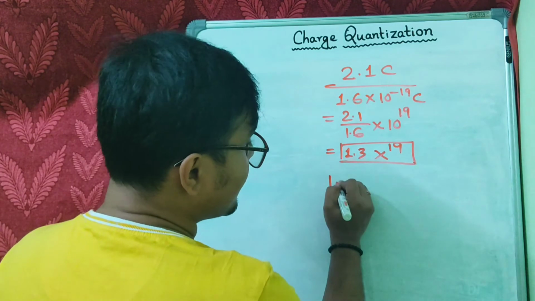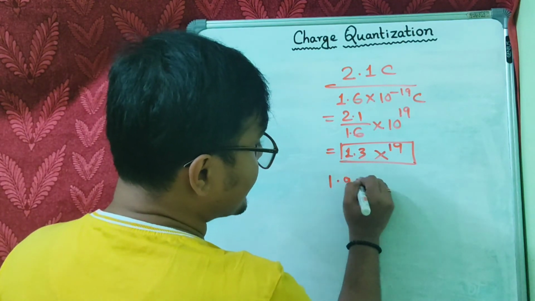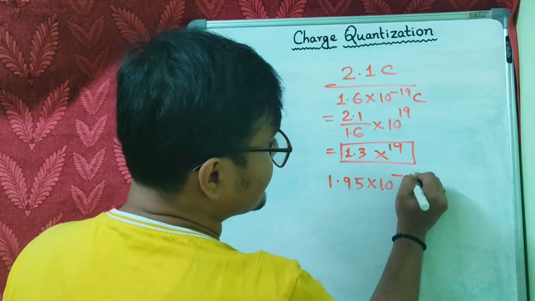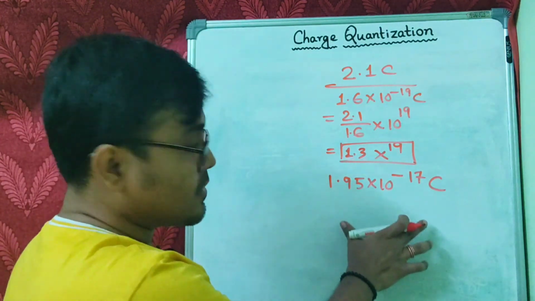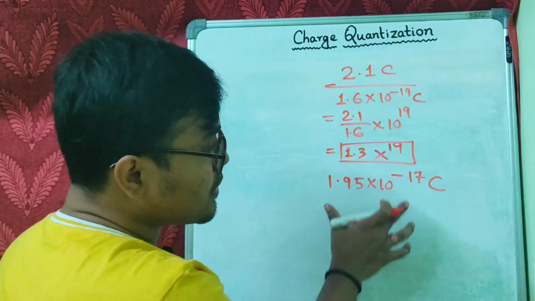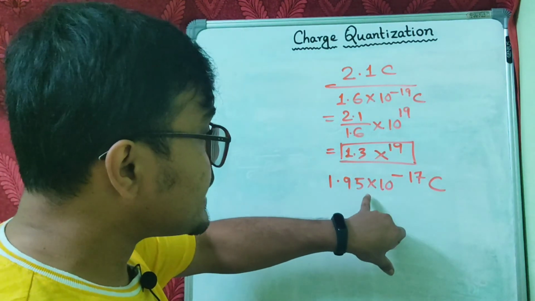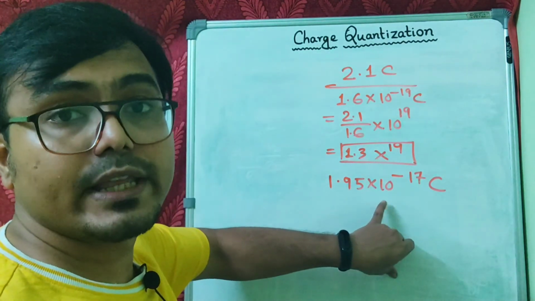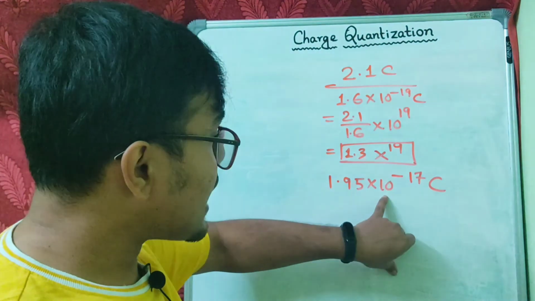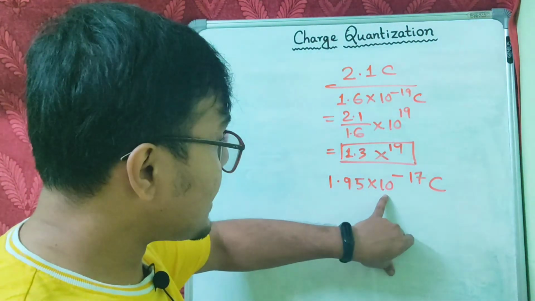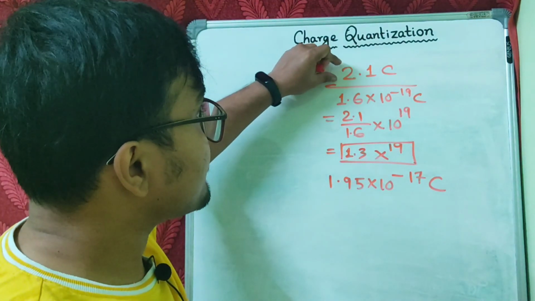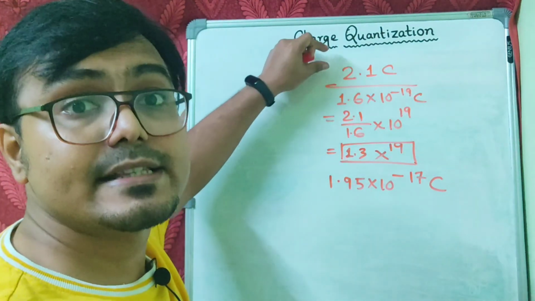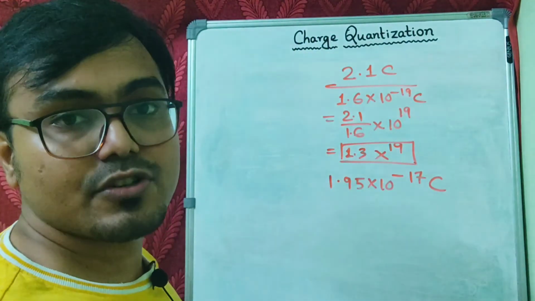The example I have given, 1.95 into 10 to the power minus 17 coulomb, is a very small charge. This is a microscopic charge we can consider. So in this case we cannot ignore the charge quantization, but in the case of macroscopic charge, we can easily ignore it.